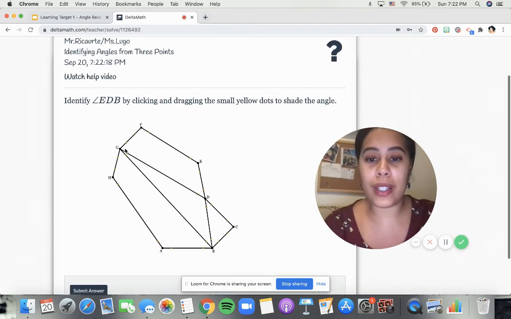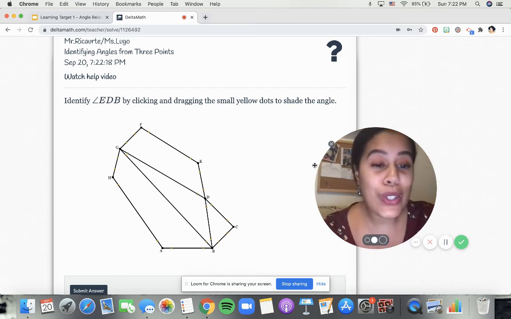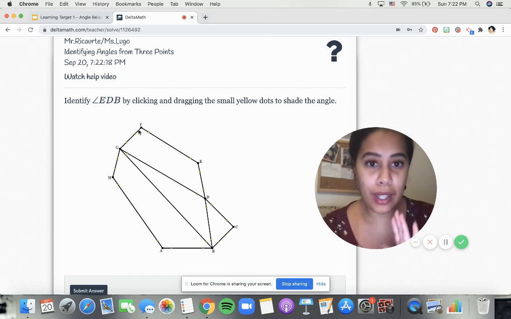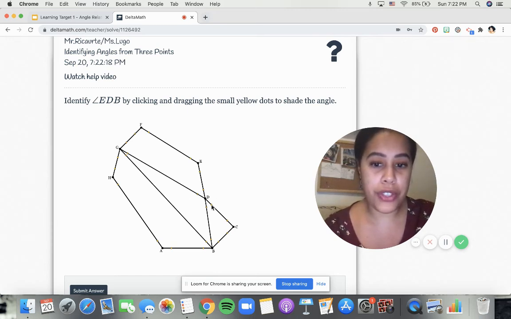Let's try another one. See, these diagrams are going to look a little bit ugly, but as long as you can find this middle point, D, you'll be okay. So I'm going to take a moment to look at the diagram. And I notice that angle D is right over here, but it's connected to a lot of other things.